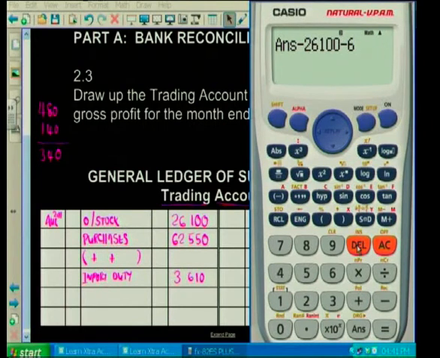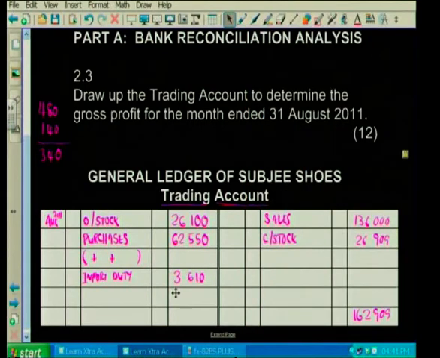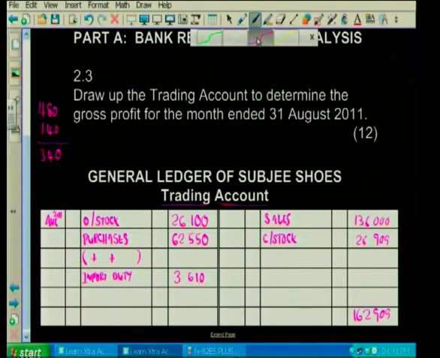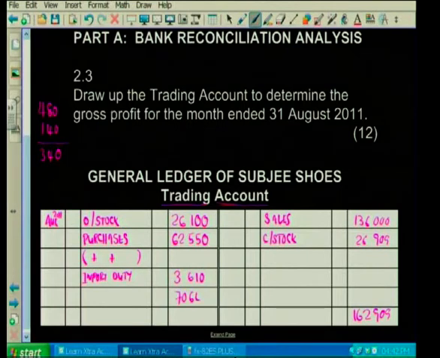Let's just delete that. 26,100 is correct, minus 62,550, minus 3,610, and your answer is 76,490. Here goes. Remember, this goes to profit and loss. This is what we regard as our gross profit, and there my trading account is done.